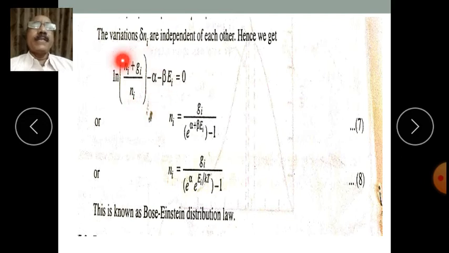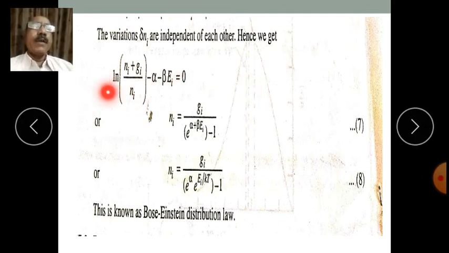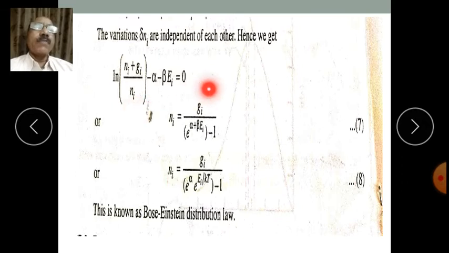Then you divide this term by Ni. Ni divided by Ni is equal to 1, so 1 plus Gi upon Ni is equal to e to the power alpha plus beta Ei.